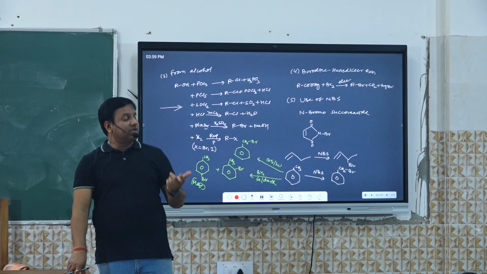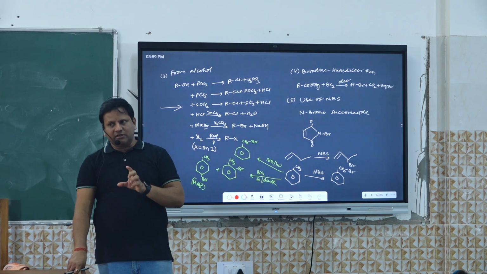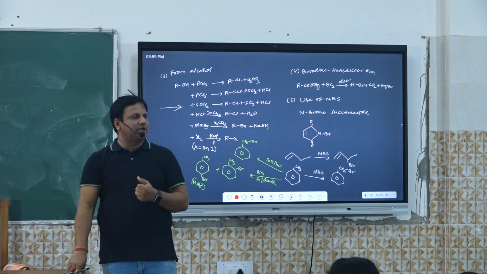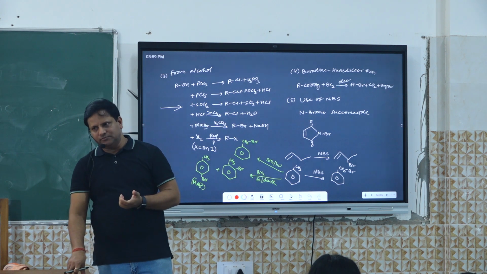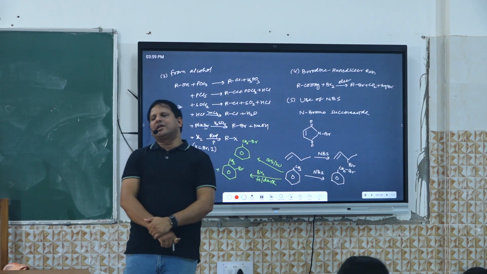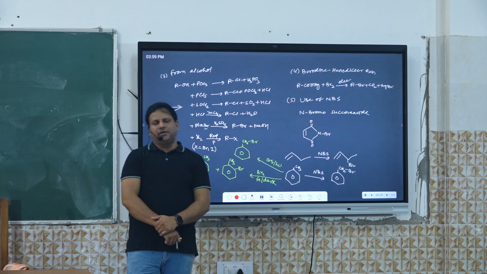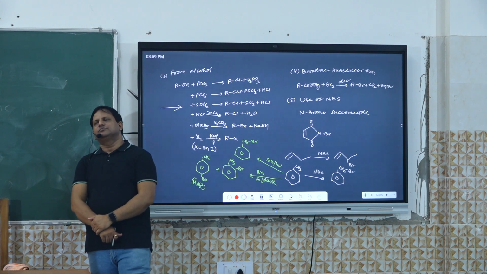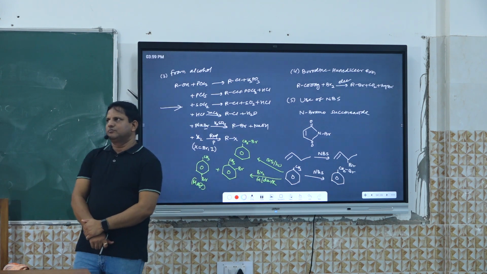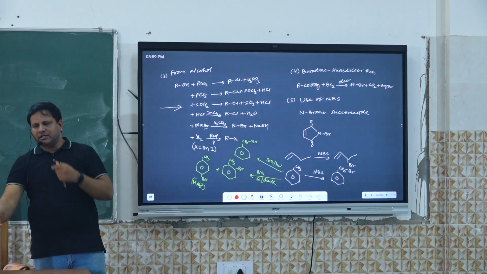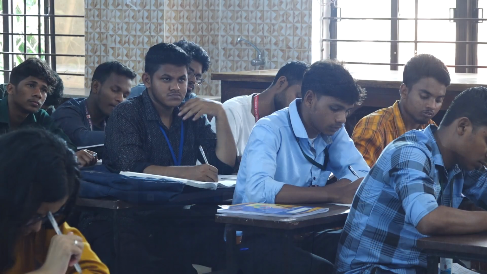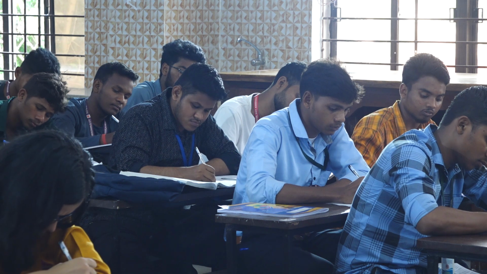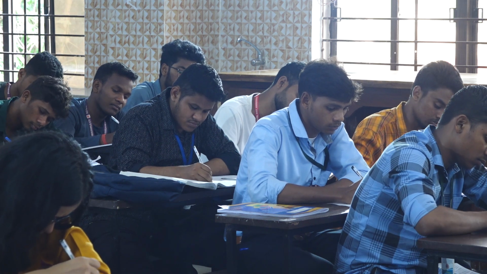This is an important point, quickly note down: ring deactivating and ortho para directing, ring deactivating and ortho para directing, right, due to the strong minus I effect of halogen.